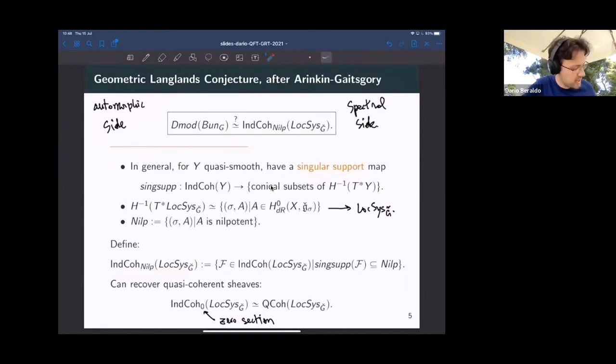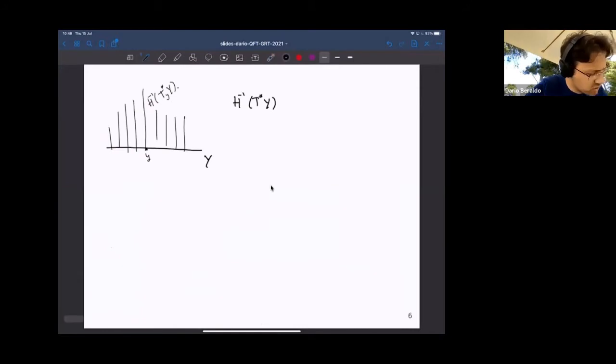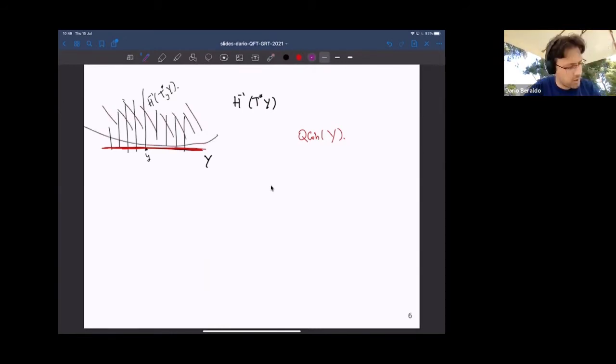So the last sentence I was saying is that if you change color, if you look at only the zero section, so you restrict support onto the zero section, you get QCoh of Y. Okay, so IndCoh lives over the entire picture, QCoh lives over the zero section. Then if you take the complement of the zero section, the purple complement, you get the quotient, which is the so-called category of singularities. So it's the IndCompletion of Coh of Y divided by Perf of Y.